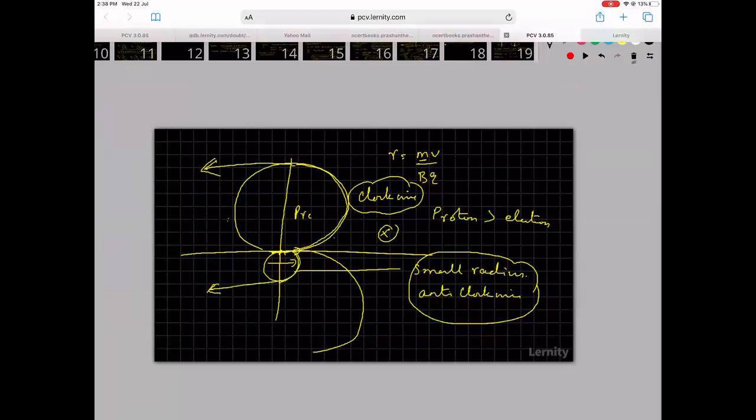So they go back into the same medium from which they have come.